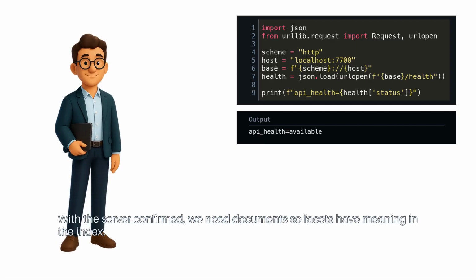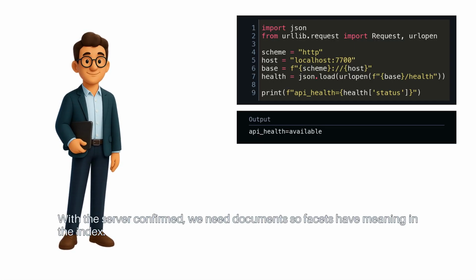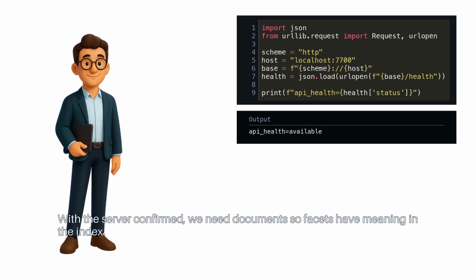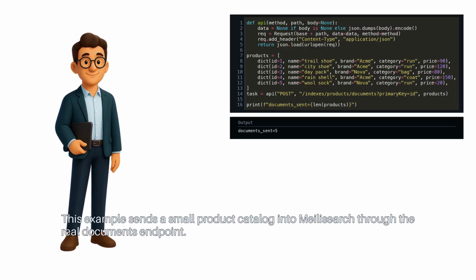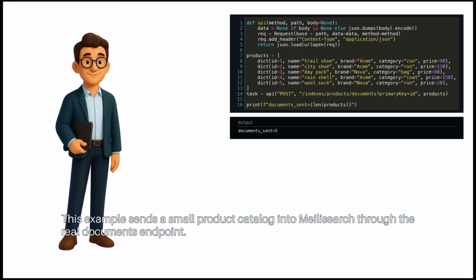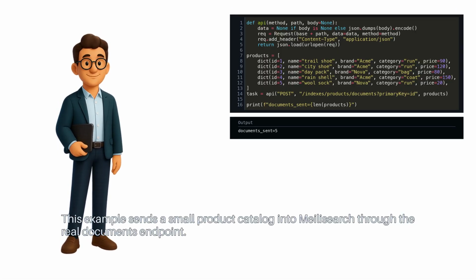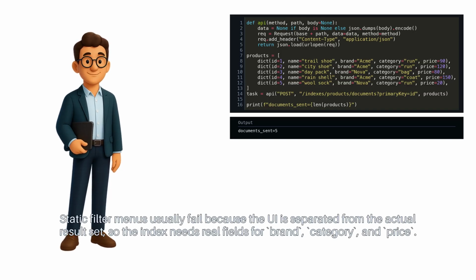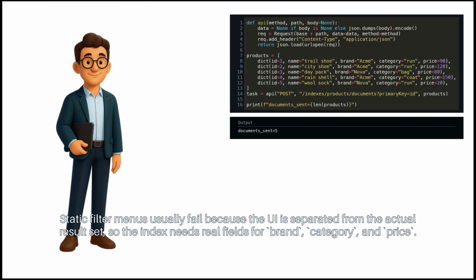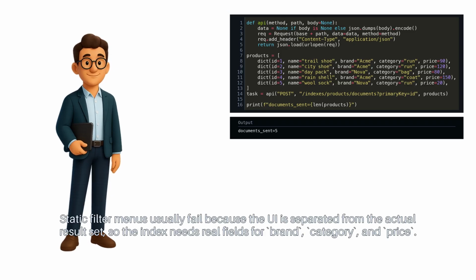With the server confirmed, we need documents so facets have meaning in the index. This example sends a small product catalog into Meilisearch through the real documents endpoint. Static filter menus usually fail because the UI is separated from the actual results set, so the index needs real fields for brand, category, and price.